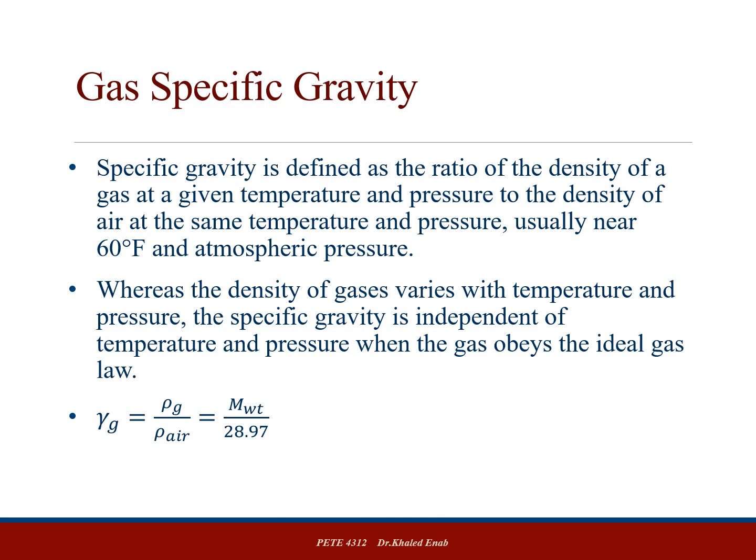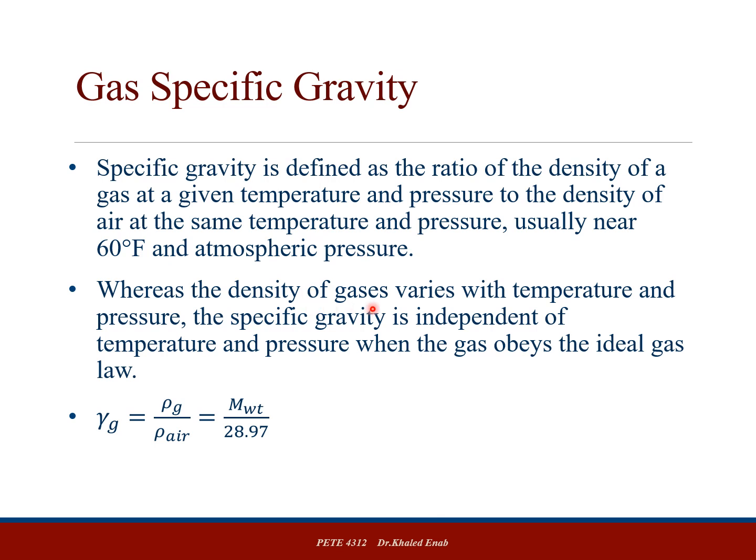Specific gravity. Specific gravity is defined as the ratio of the density of a gas at a given temperature and pressure to the density of air at the same temperature and pressure, usually near the standard condition.